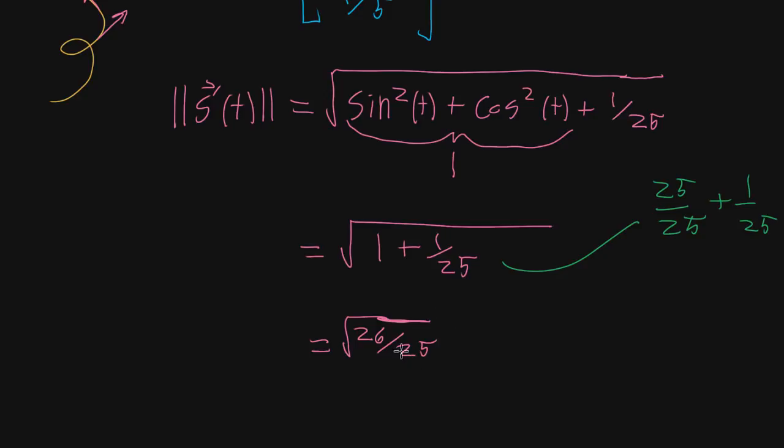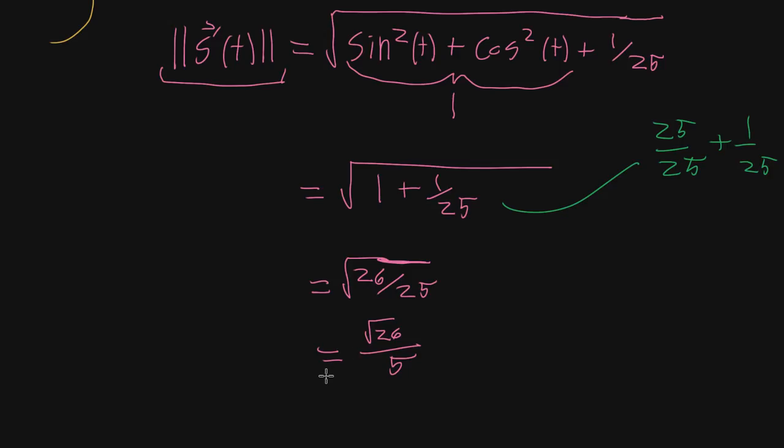And just because 25 is already a square and it might make things look nice, I'm going to write this as the square root of 26 divided by 5, that square root of 25. So this whole thing is the magnitude of our derivative, right? And we think to ourselves, it's quite lucky that this came out to be a constant because, as we saw with the more general formula, it's often pretty nasty and it can get pretty bad.